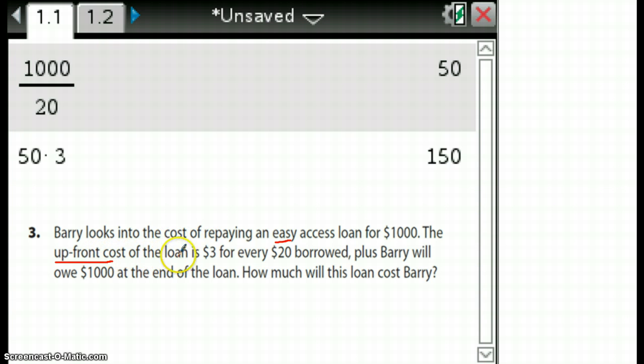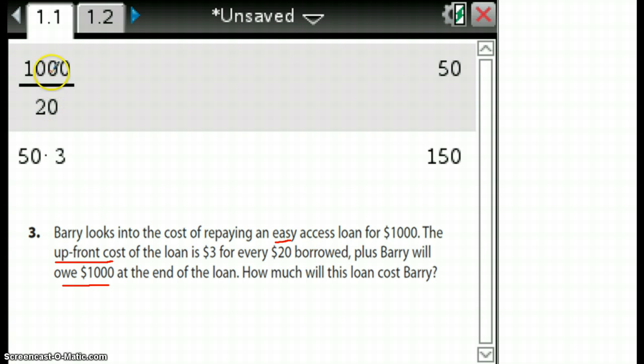So the upfront cost is $3 for every $20 borrowed, plus he would still have to pay the $1,000 at the end. So he's going to pay the upfront cost plus the 1,000. How much will his loan cost? Well, first I need to see how many $20 are in 1,000, because that's what he's trying to borrow.